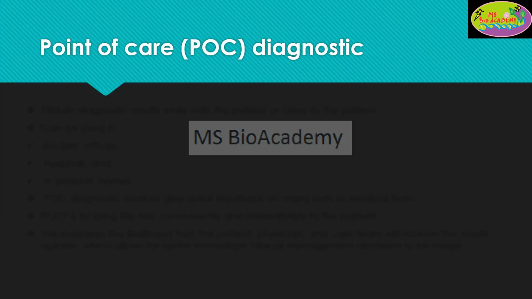So let's find out what this point of care, or in short POC, diagnostic means. Diagnostic means something which is able to diagnose any particular kind of disease symptoms, or the kind of fluctuations or changes taking place inside our body, be it related to the glucose level, the electrolytes level, or virus infections, pathogens, right?